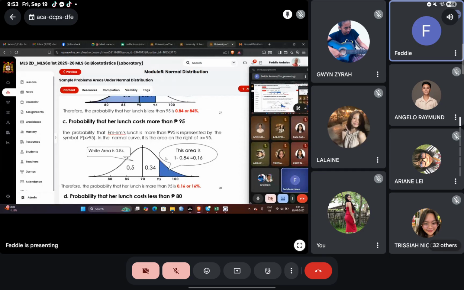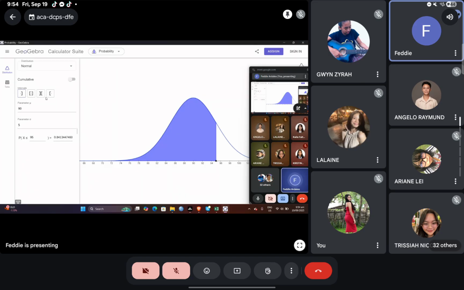If we compare using GeoGebra here, just change your interval to right-sided and type more than 95. As you see, x is greater than 95, and it gives you 0.1587, which rounds off to 16%.